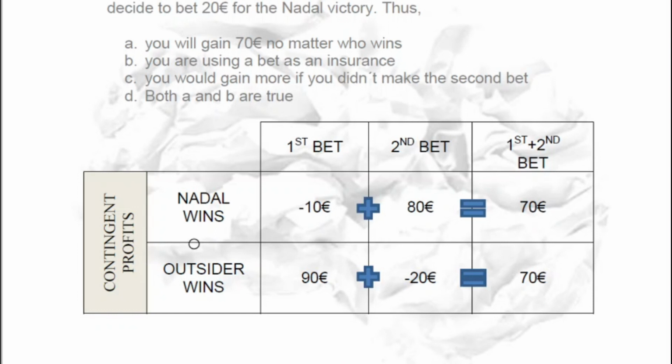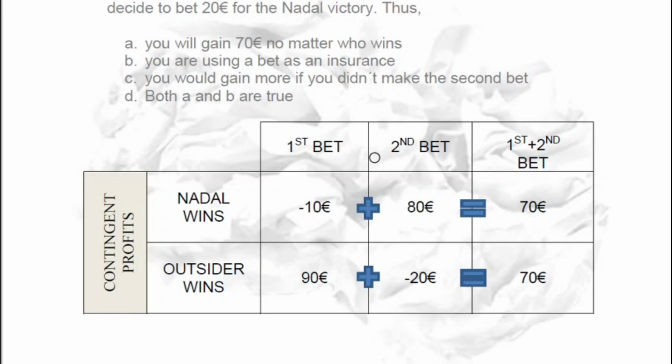Then, the possible profits. If Nadal wins, in the first bet, I bet that Nadal loses, okay? So I would lose my 10 euros from the bet.